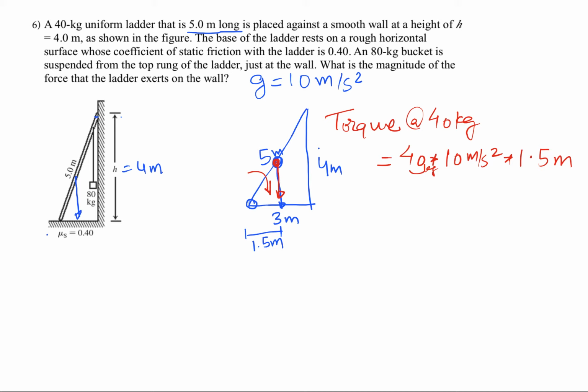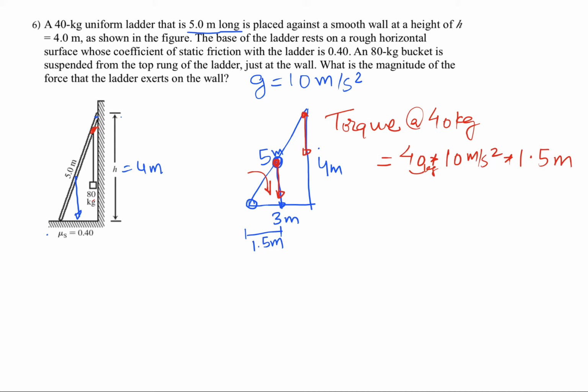The other force that's going to be acting is because of the hanging mass of 80 kilogram at the edge of the ladder near the wall, right? We assume that it's almost touching the wall, so there is a little bit of error, but that's not a big deal. The idea is that there is a force acting at this point, acting downward. So that's another torque acting because of the 80 kilogram hanging mass here.